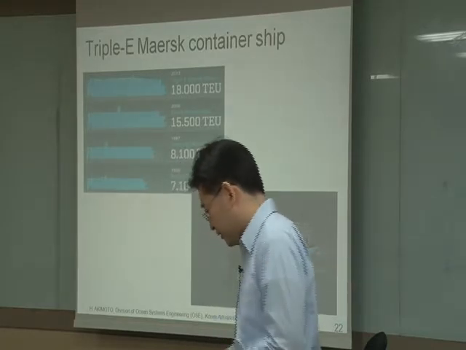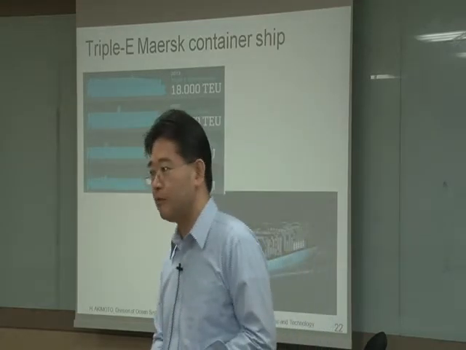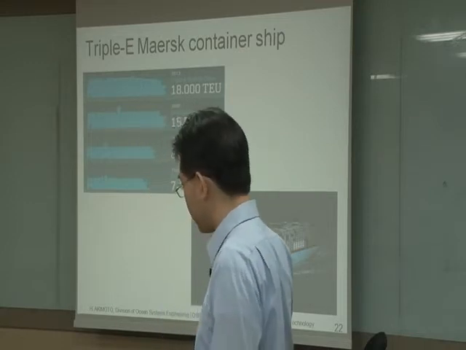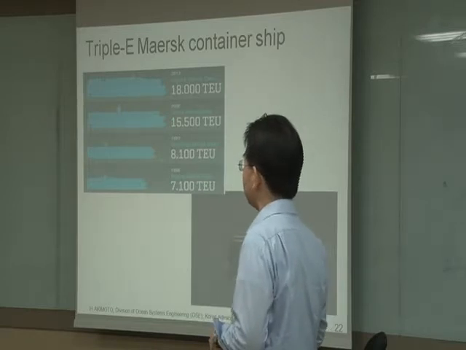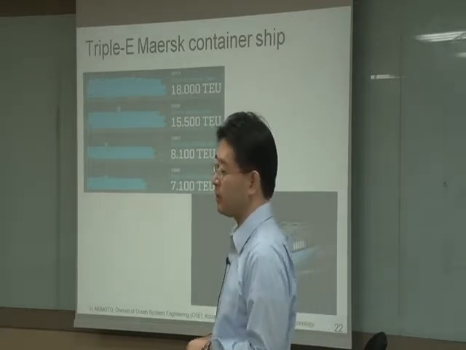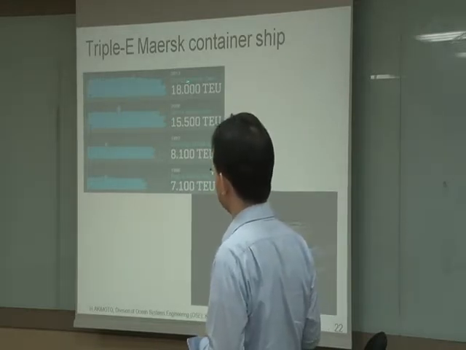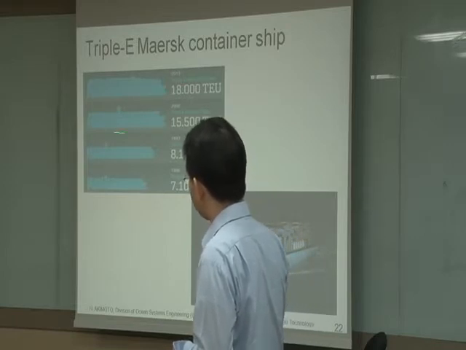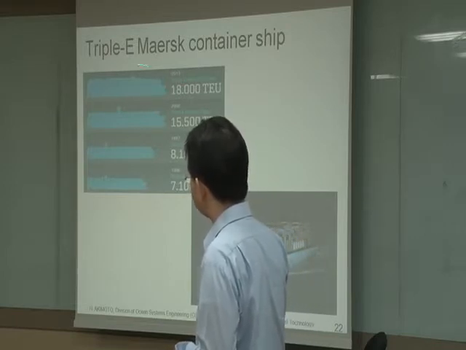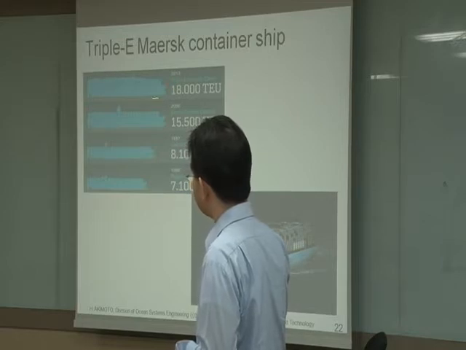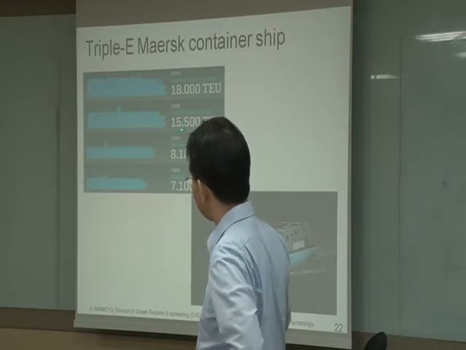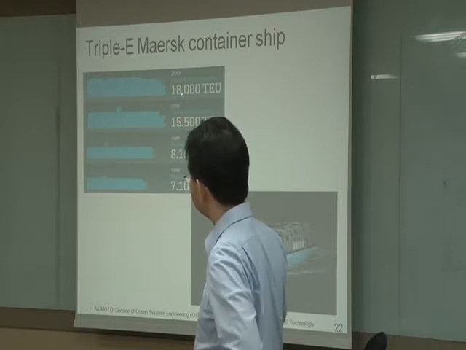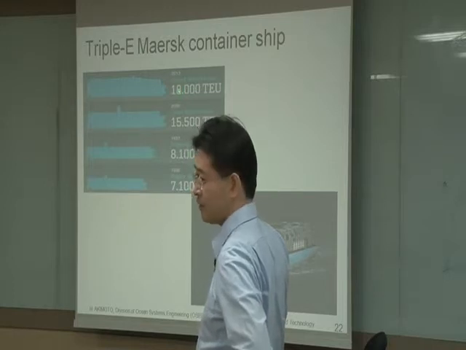So at present, Emma Maersk is the largest one, but the company Maersk is preparing the next largest ship. It is the Triple E Maersk container ship. So the next largest vessel is not so large in length, but the capacity will be increased from 15,000 to 18,000.